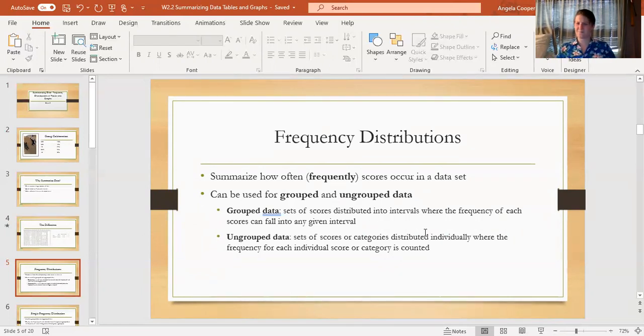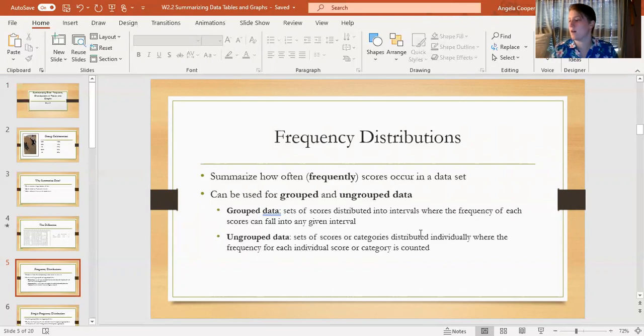One example of a frequency score would be to ask, how many times do you drink water in a day? Or how many times do you check your phone in a day? So you pick it up, that's 1, I can make a tally.